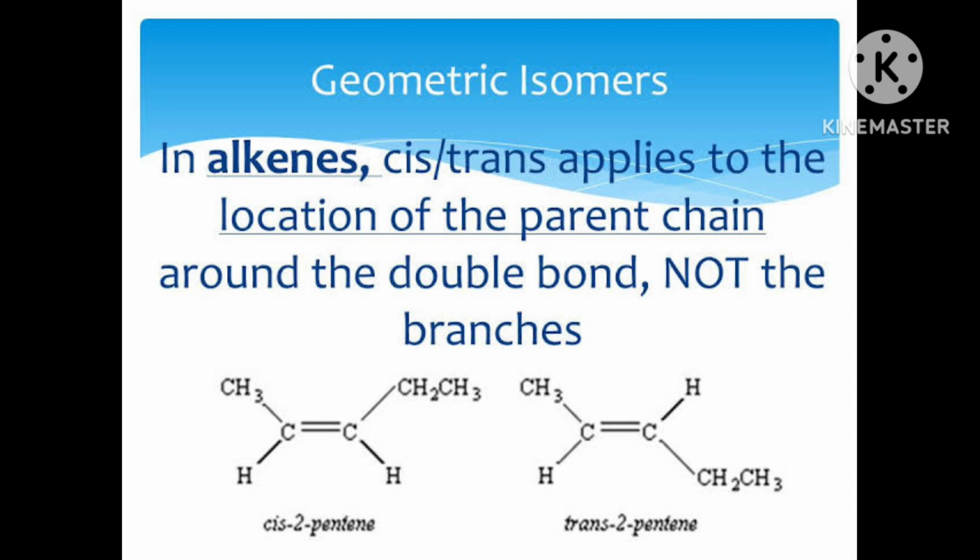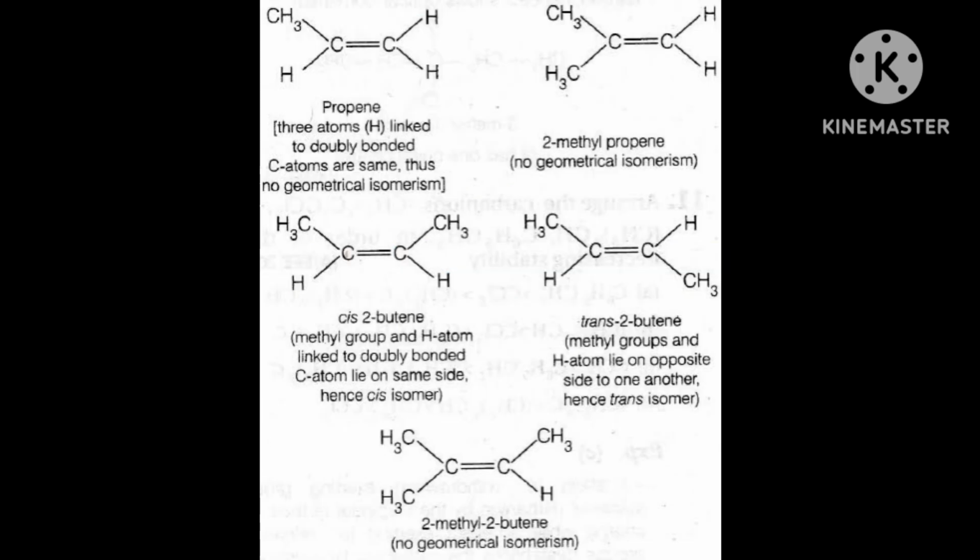It became a cross, that is called trans, just like a vertical or diagonal way. Then these two I have told you, cis and trans isomers. Thus, cis and trans isomers have the same structure. Molecular formula is the same, structural formula is also the same, but they differ in arrangement in space.